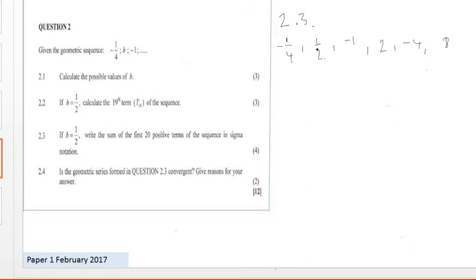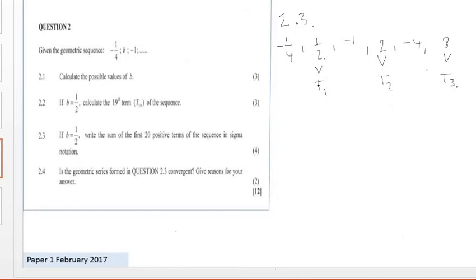Here we are going to focus on the positive terms, because they want us to determine the sum of the 20 positive terms. So we have that one which is positive, that one which is positive, and that one which is also positive. We can call that T1, that T2, and that one T3.